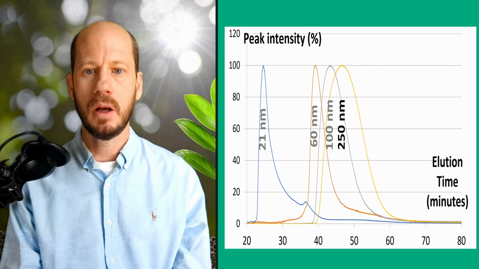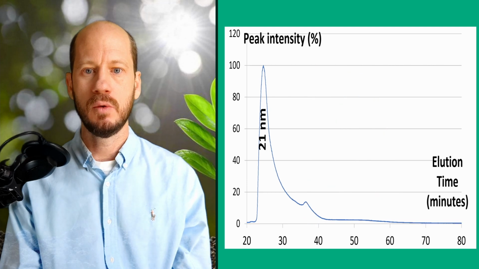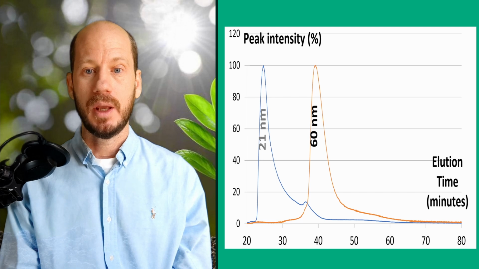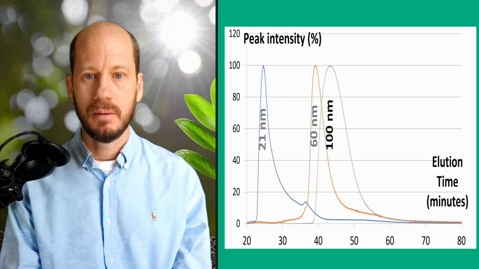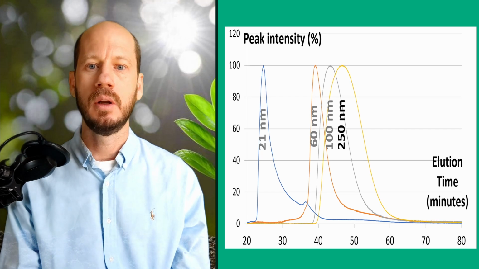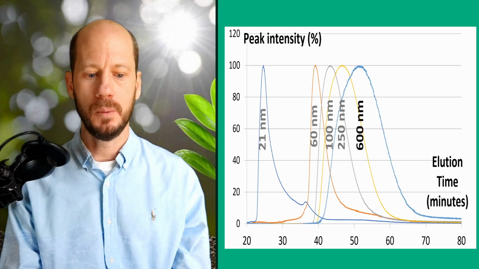We can assume that each one of these peaks corresponds to a particle size, and then we can assign those sizes to what we observe when eluting the fractions from the soil colloids also. So let's go first for the results.